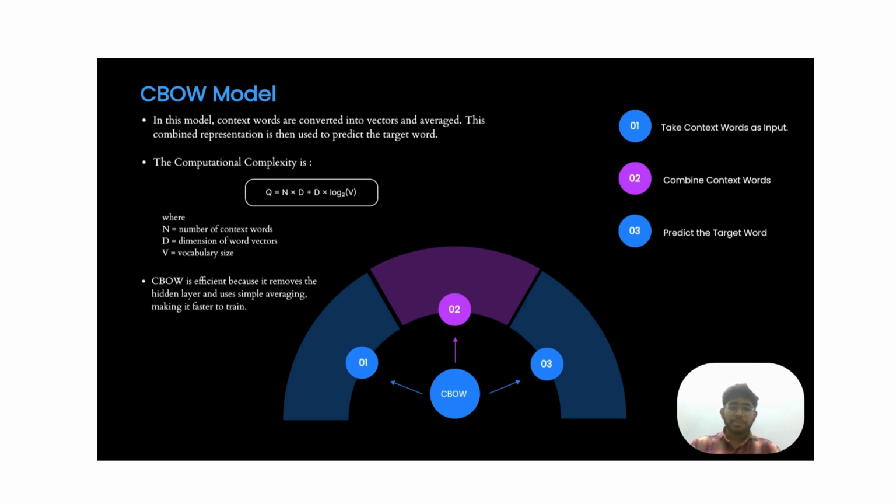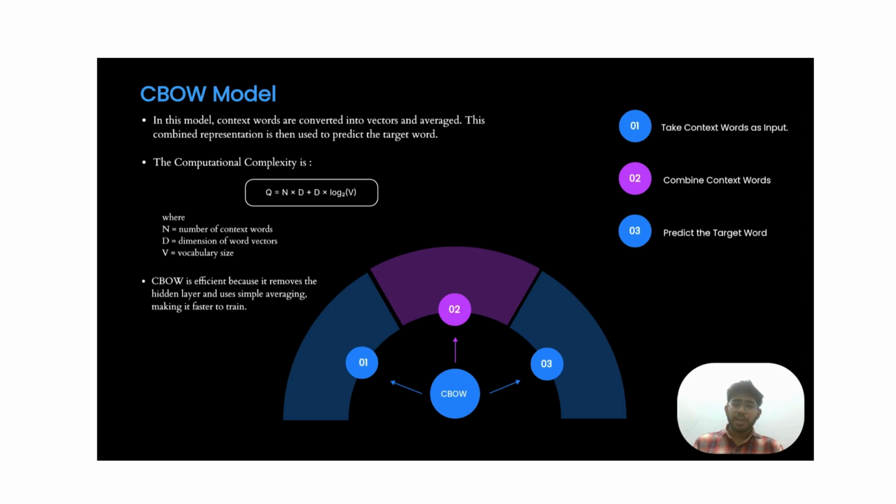Now let's understand the working of the model step by step, following the three steps shown on the slide. First, we take the context words as input, for example, I love very much. So the input will be I, love, very, much. Now we combine the context words and average them.